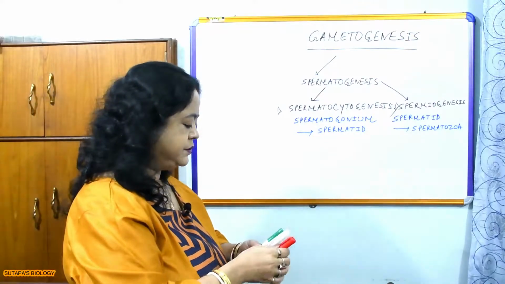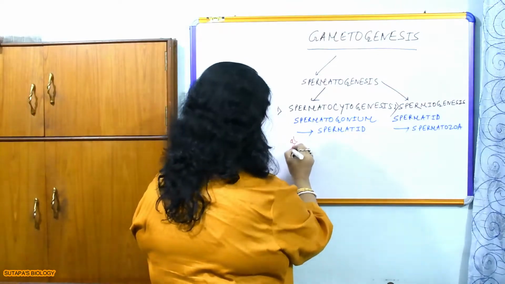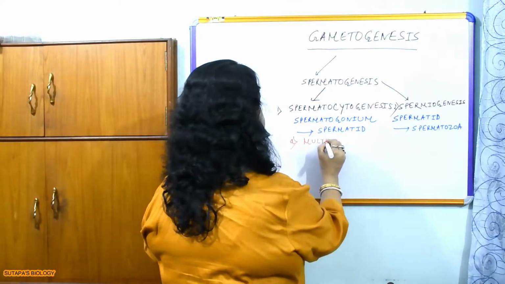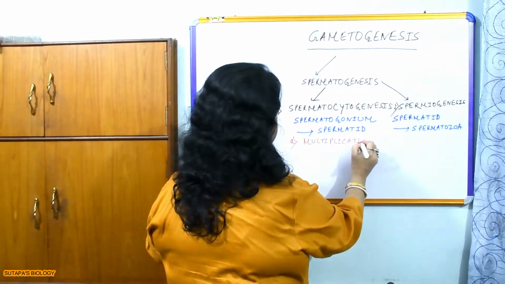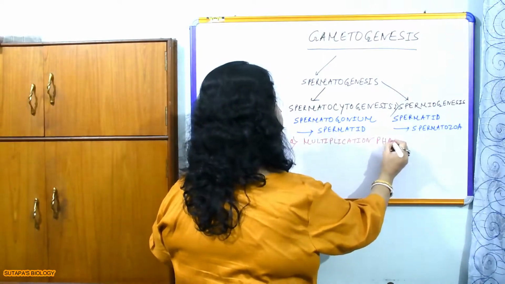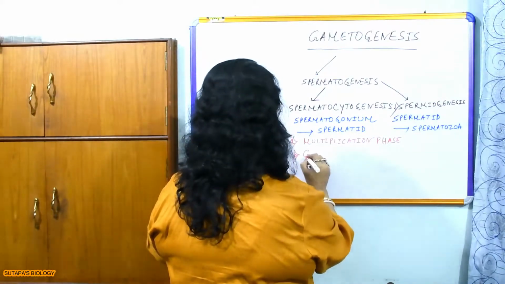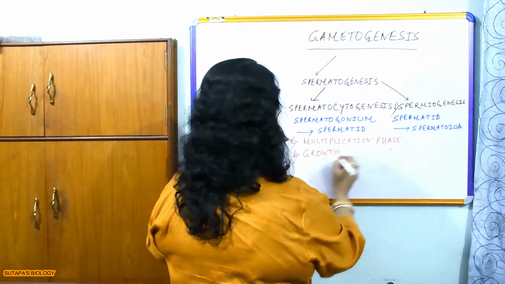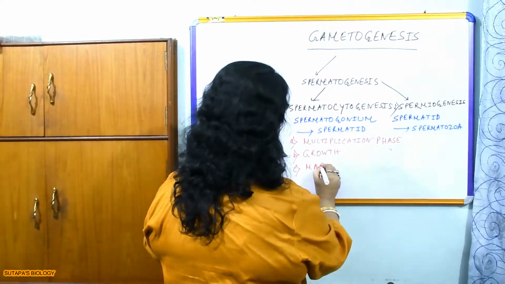What are the subdivisions here? A, multiplication phase. Number 2, growth phase. And number 3, maturation phase.